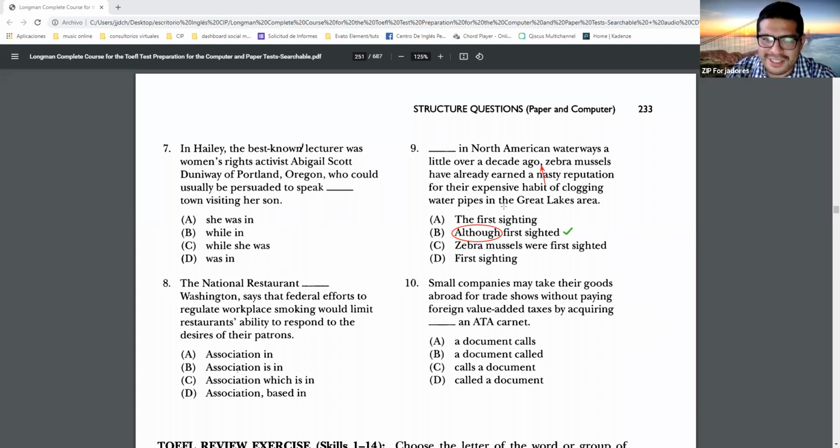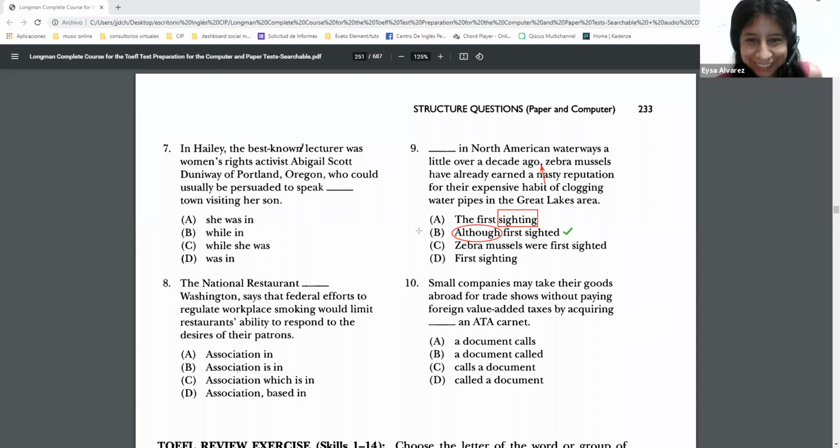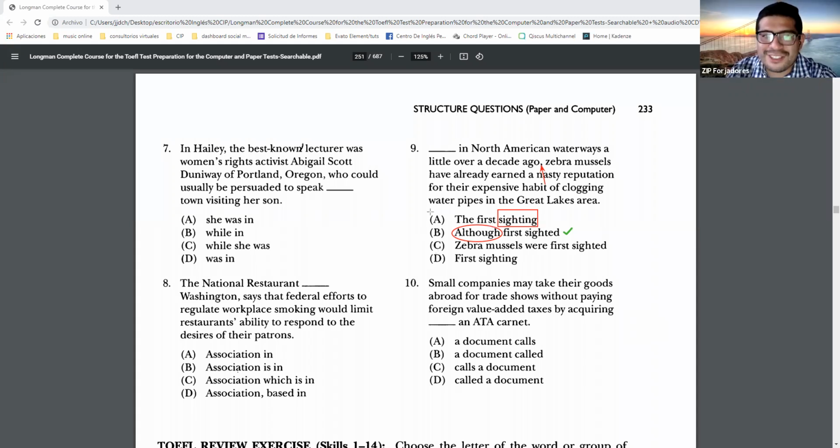Citing is the subject in this one, and we don't have a verb. Yes, exactly. We don't have a verb, so that's why letter A cannot be. That's right. Very good.